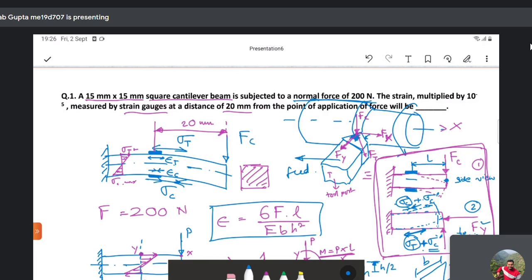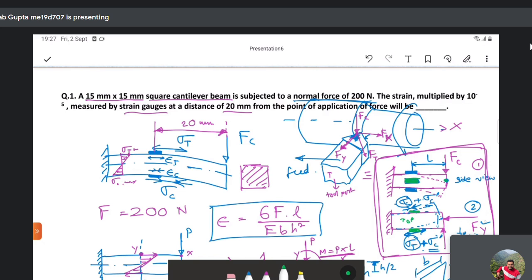Your strain gauge required to measure that should also be placed like this. I would rather denote it by this green color. Since this is the top view, this will be the placement of your strain gauges to measure Fx.